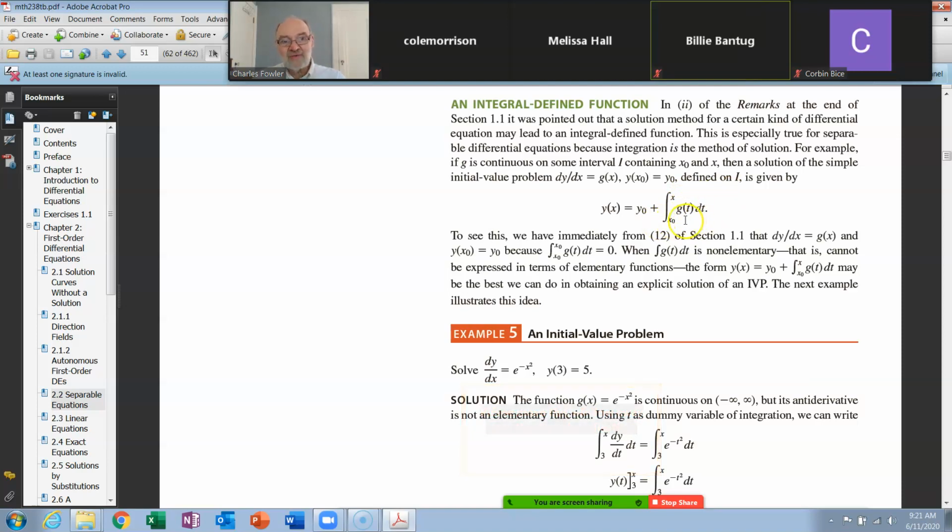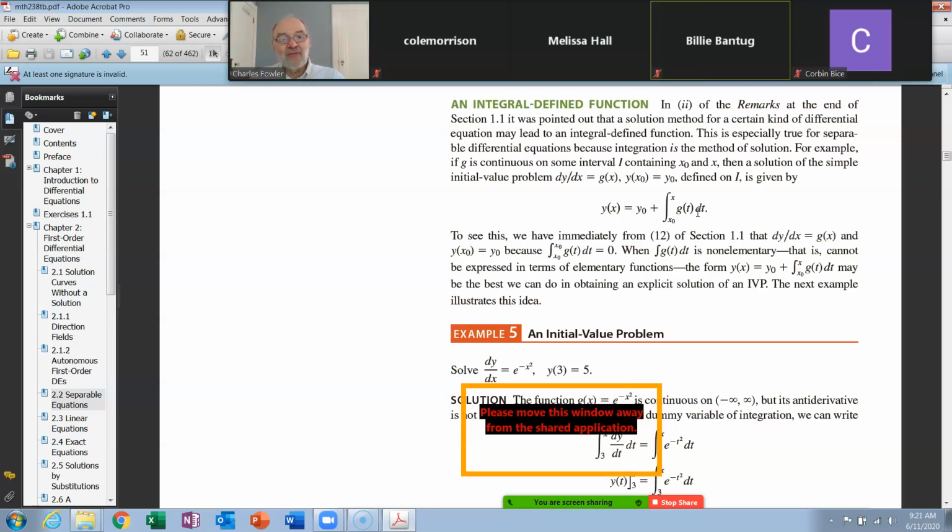This is an integral where g of x is not integrable. Okay, I don't know if you remember any of those from Cal 2, but they were there. Okay, and we call that a non-elementary solution. That is one that cannot be expressed in terms of elementary functions. The elementary functions are those that can be integrated, okay, or the result of an integration.